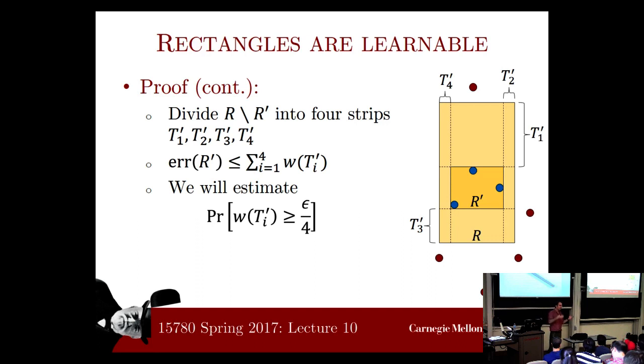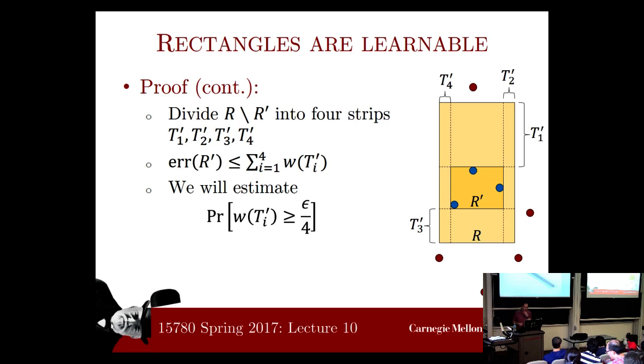Like Dimitri said, they intersect, but we still get this upper bound. There are some intersections, so we're double counting, but definitely the weight of R minus R prime, which we said equals the error of R prime, is at most the sum of weights of these 4 regions. It would usually be less because of the intersections, but we can get this inequality.